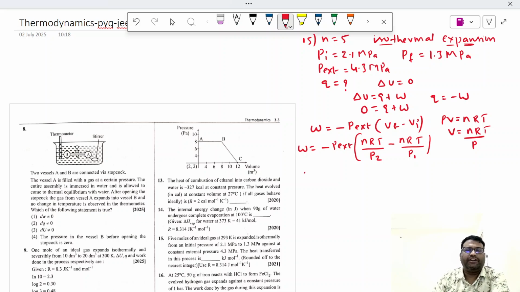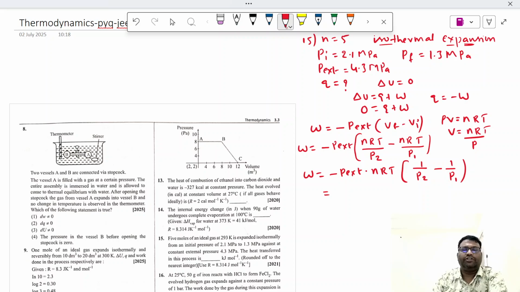Then what you can write, W is equal to minus P external into nRT (1 by P final minus 1 by P initial). Okay. So then what do you get?